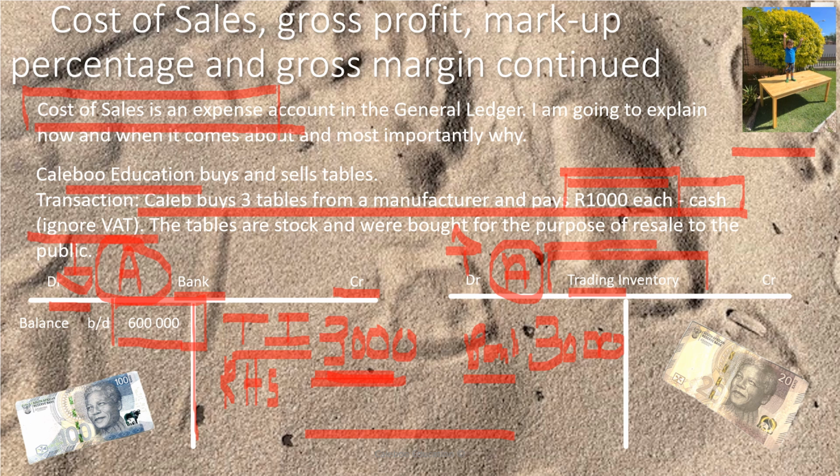We've bought trading inventory for cash. Our bank balance decreased by 3,000 and the value of our stock increased by 3,000. You will see on the next slide, I've typed it out so it's nice and neat. But this slide and this transaction that I've just recorded was the purchase of stock, and the purchase was made using cash.